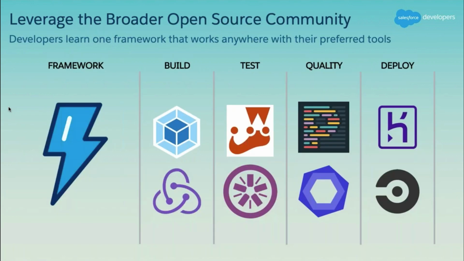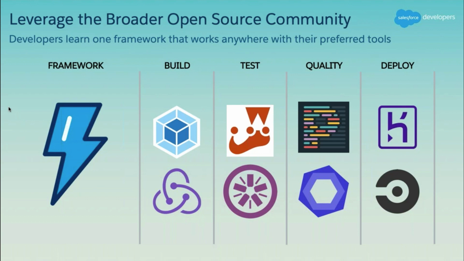And I've already spoken about this, saying you can build on any platform, and because we have open sourced it, you can use any tool of your choice. So let's say you want to build using Webpack or you want to build using TypeScript, you can do that. And since we are writing a lot of JavaScript code, maybe you want to write unit tests for that code. So you can use the Jest framework for that. And in the end, when you want to deploy, you can deploy it onto AWS, Heroku, a tool of your choice.